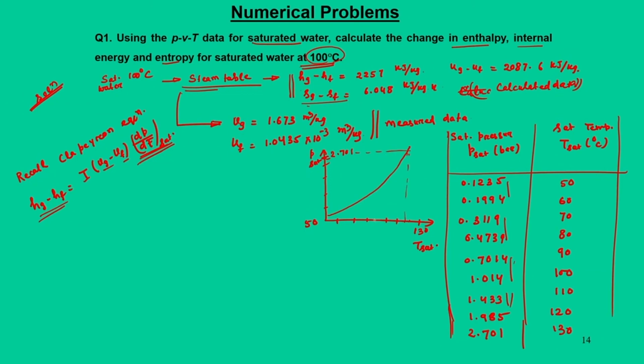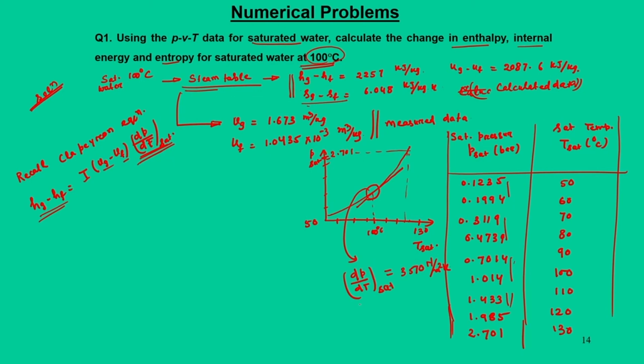At 100 degree centigrade, if you drop a vertical, it touches this curve, and at that point we can draw a tangent and find dP by dT saturated. From these calculations we get this number as 3570 Newton per meter square Kelvin.